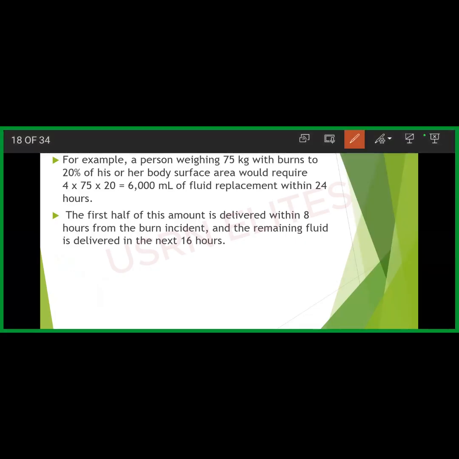This is how the formula is. You have 4, which is constant, multiplied by the weight of the patient in kilograms, please, not in pounds, then by the total burn surface area, TBSA.